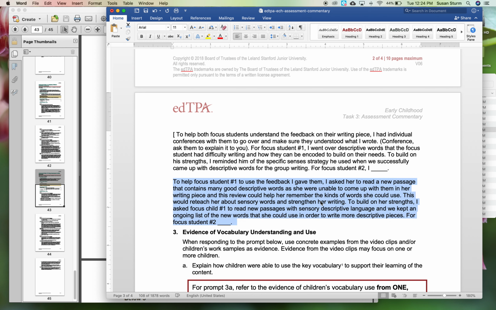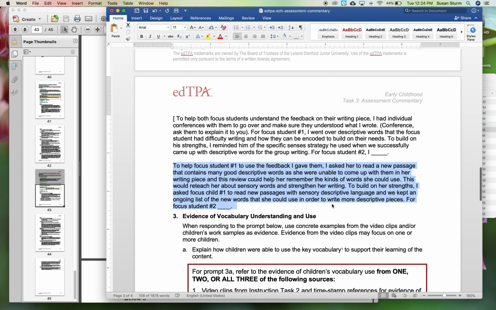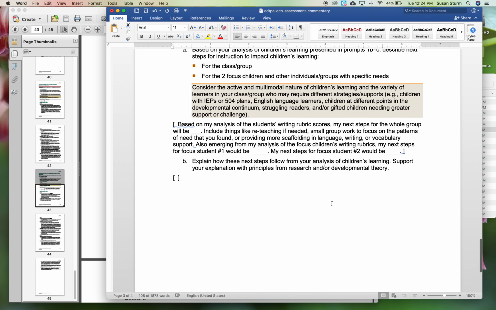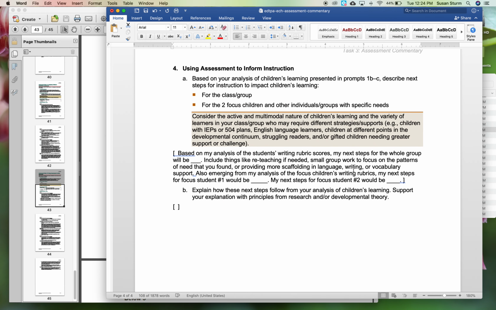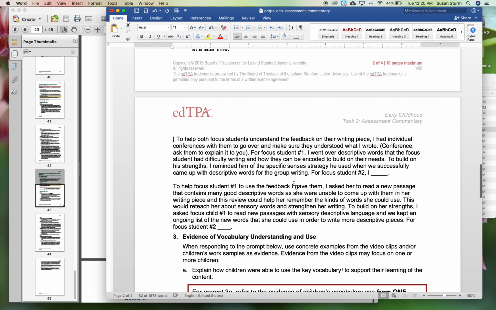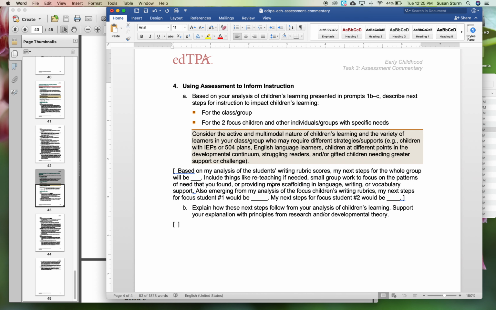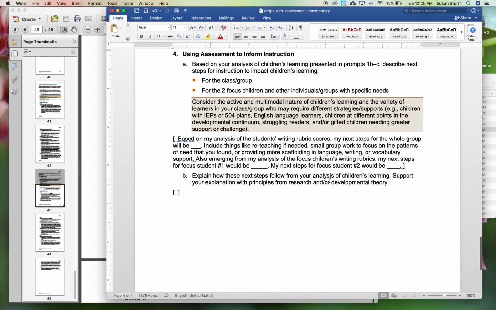These ones, this one down here, 2C, to help focus student 1, I'm going to have them do that. This can also be reiterated down here in 4A. So whatever you wrote for 2C for your focus students, you could reiterate down here in 4A. That would be a smart thing. Don't cut and paste. You should revise it and rewrite it so that it is applicable to this, but you could put that here because you've already done that for the focus students.